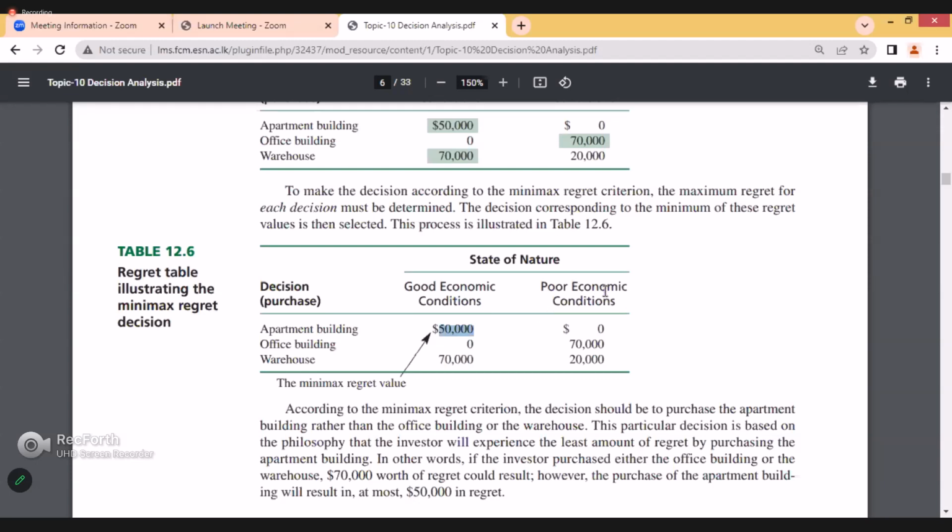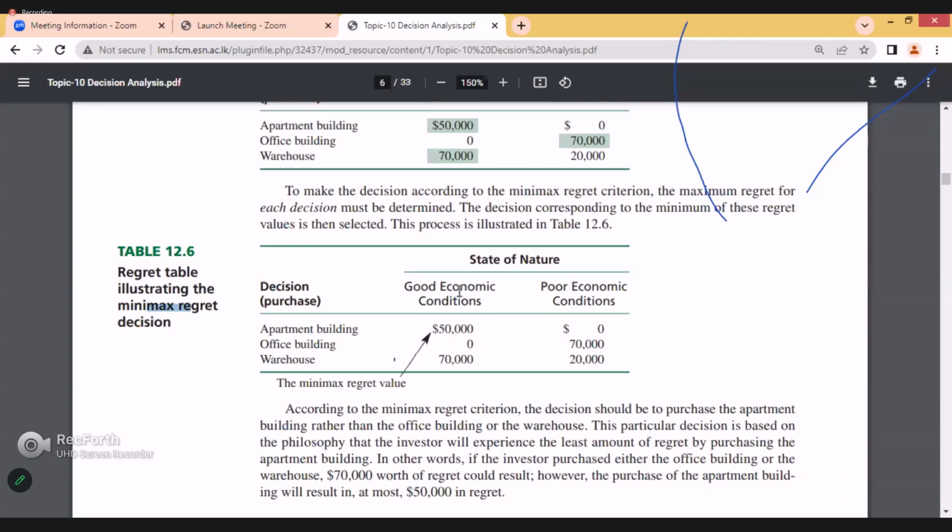Similarly, under the poor economic conditions, the minimum is 20. So in between 20 and 50, we have to consider the max. So 50 is the max. That's why the minimax regret value here is 50.